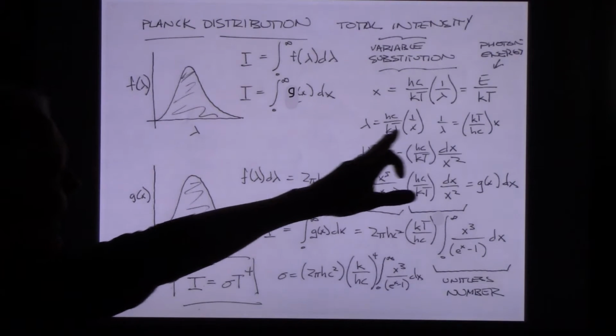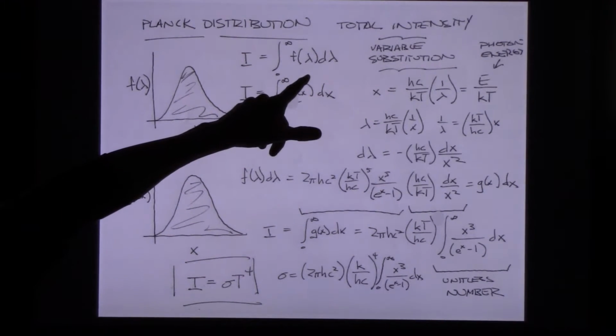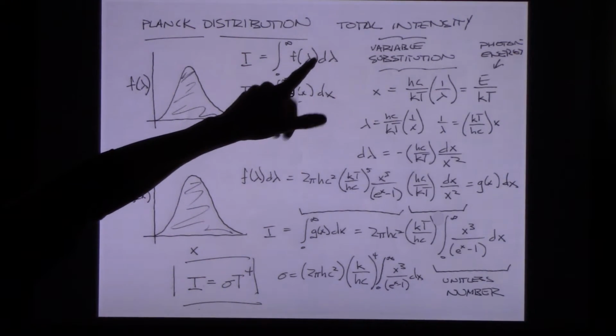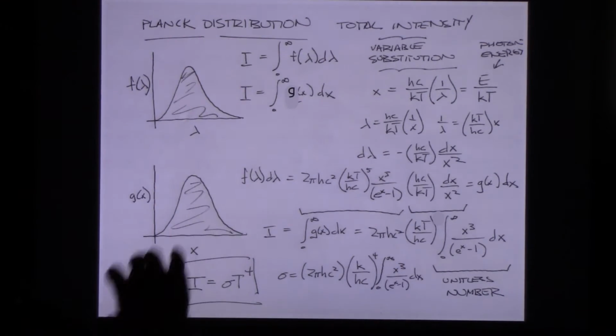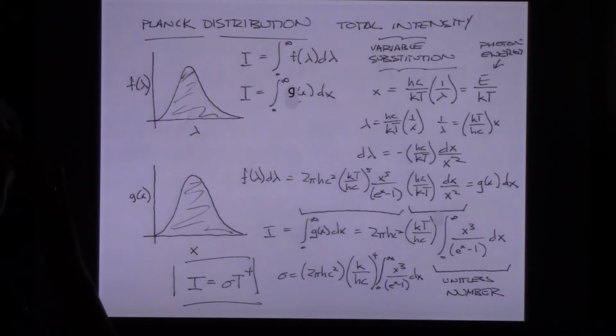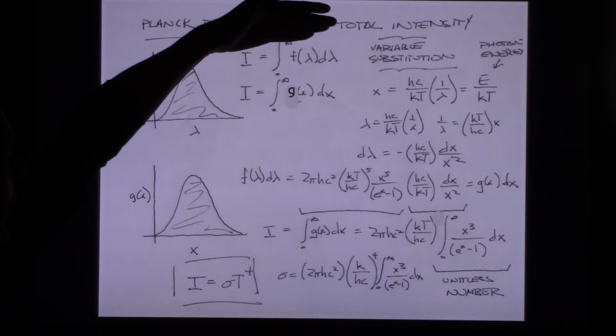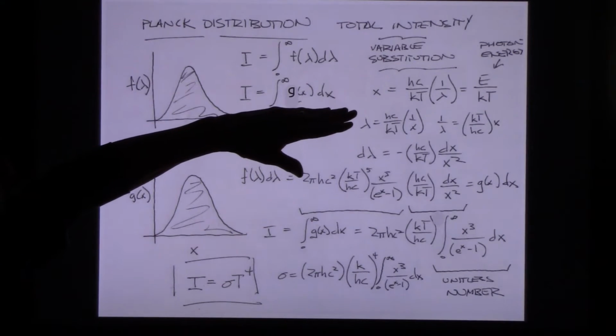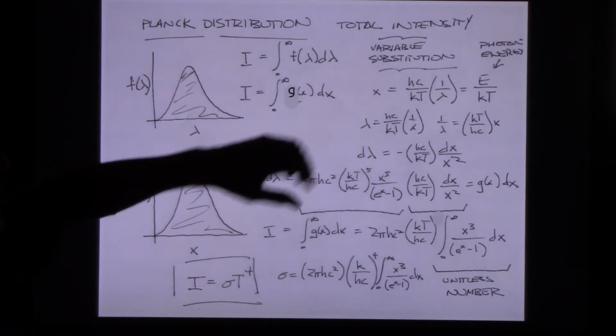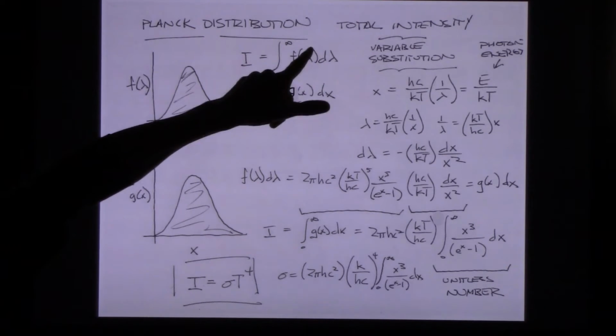So we did the same substitutions. Now what's different this time around is that before I was just looking at the function itself and where it maximizes. But to calculate the total intensity of all the light across all possible wavelengths, across all possible photon energies, this is integrating across wavelengths, this is integrating across photon energy, I have to carry out an integration.